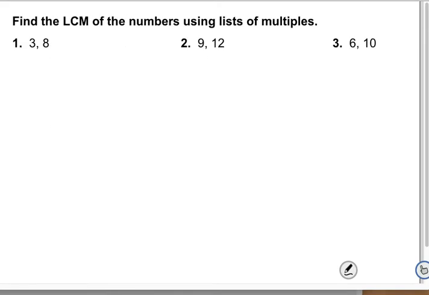You do 3 and 8 on paper. I want you to list the multiples of 3 and 8 and determine the least common multiple.